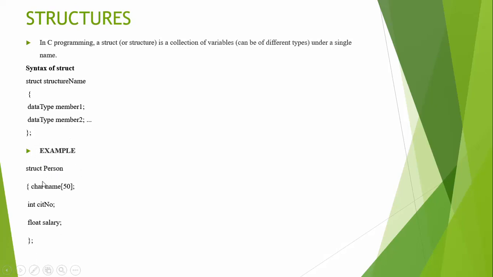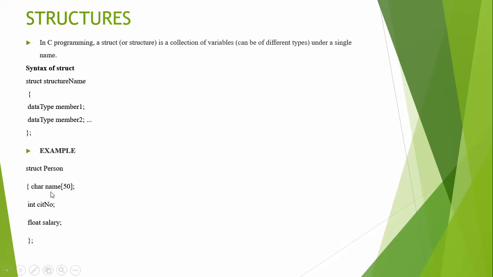Next we are going to see a simple example of how to design a structure. So struct keyword, then the structure name, and within the parenthesis I am going to define the data members.